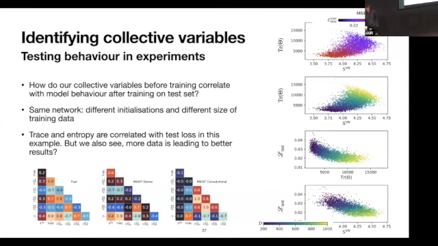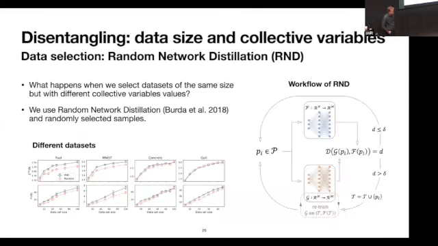To decouple this, what we did is we looked at a particular data selection framework. Here, this is random network distillation. I'll skip this, out of time explaining it. I'm happy to explain it second.